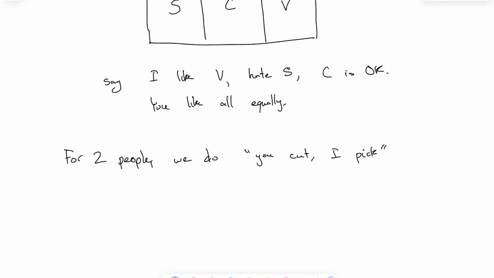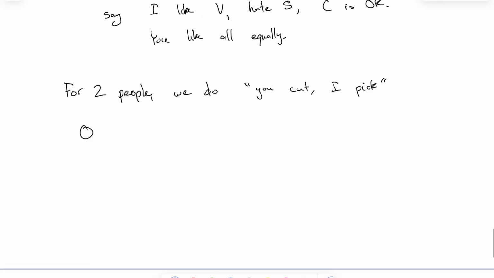I'm sure you're familiar with this general strategy. It means one person decides to divide it in half. Now, it may not be straight down the middle, like I said, because we have different values about everything, but one person divides, I will just say specifically what I mean by this. One person divides into 2 pieces.